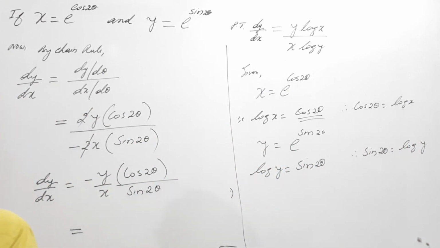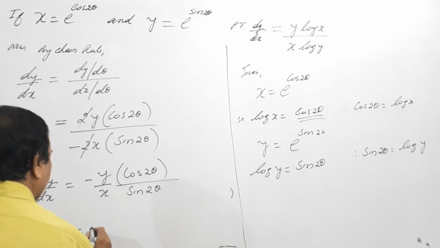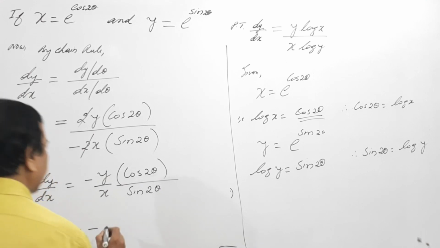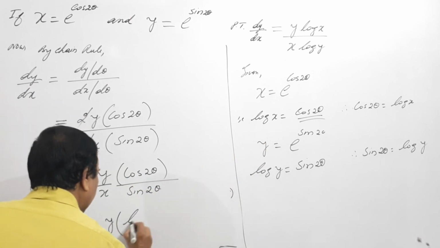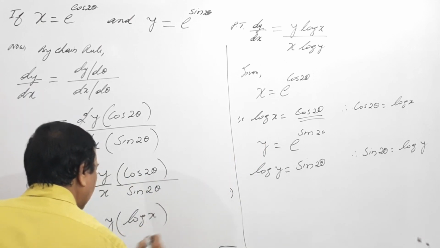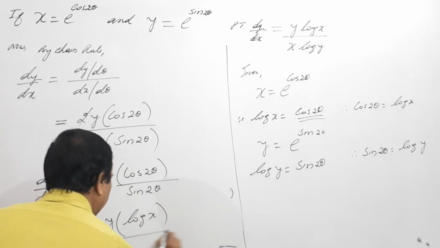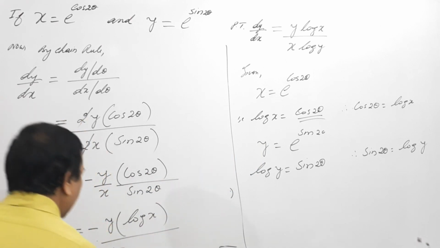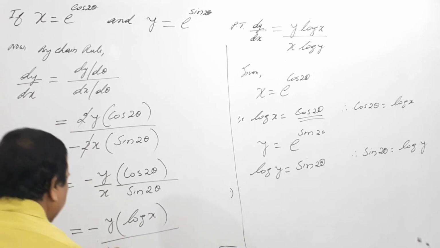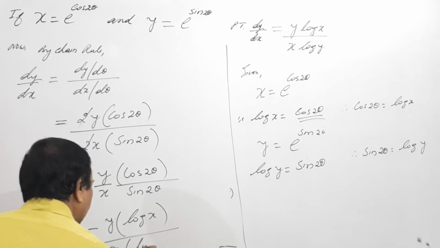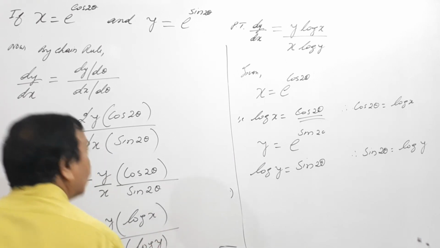That equals minus y into, what is cos 2 theta? Cos 2 theta is log x, and sin 2 theta is log y, that is x into log y.